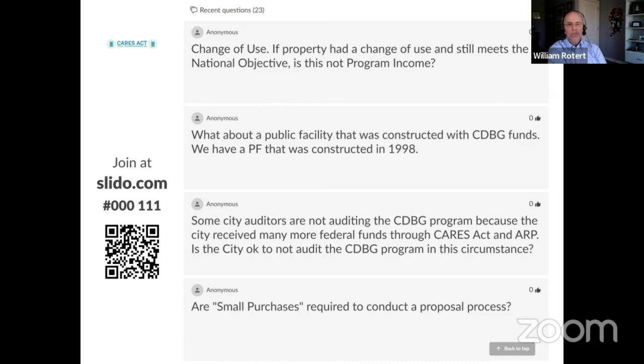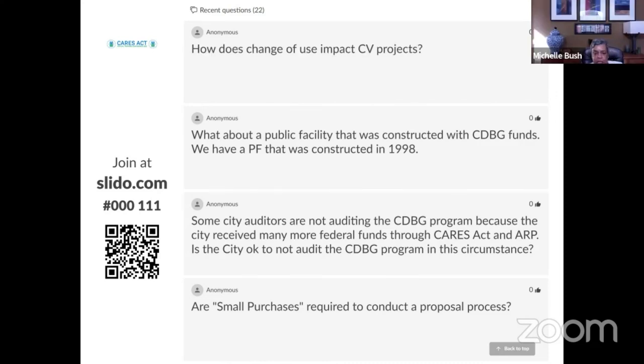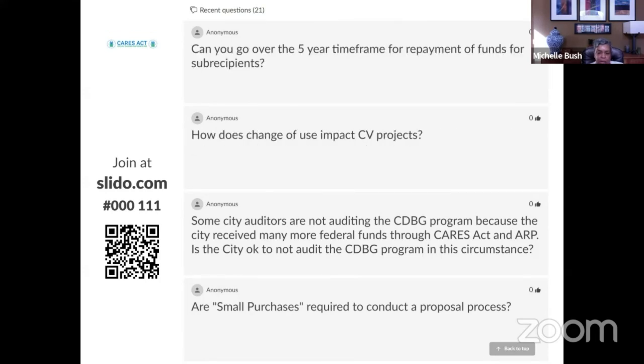Great. Some city auditors are not auditing the CDBG program because the city received many more federal funds through CARES Act and ARP. Is the city okay to not audit the CDBG program in this circumstance? I'm going to take a shot at this. Normally, when an auditor is auditing, they're doing a risk assessment up front.